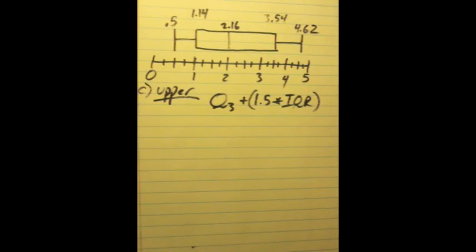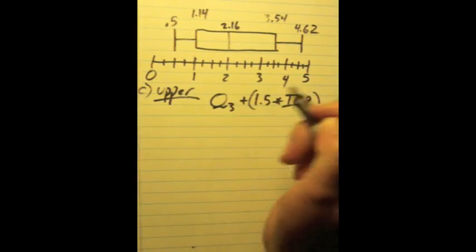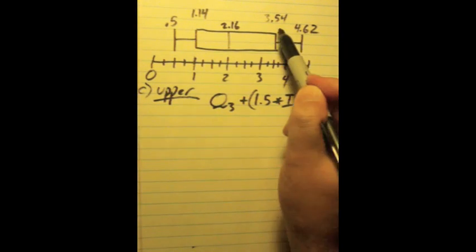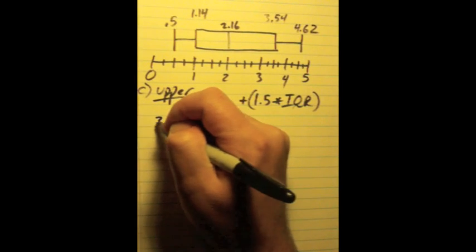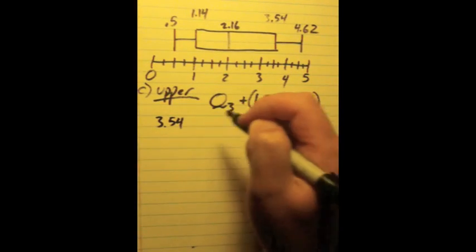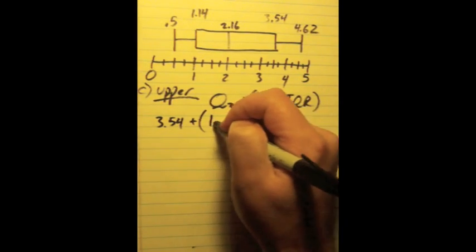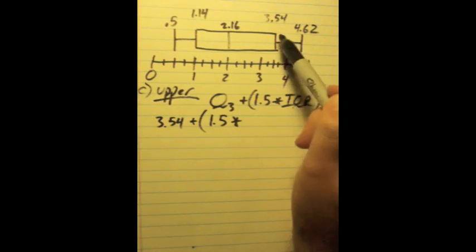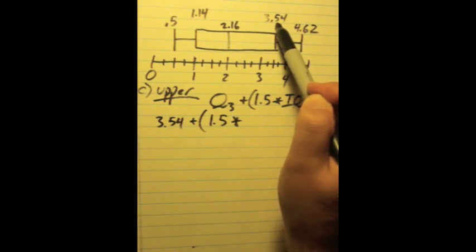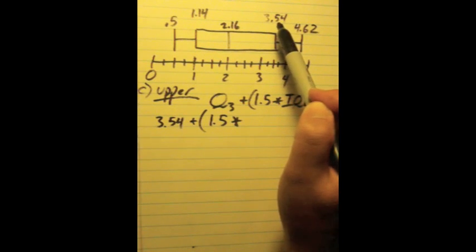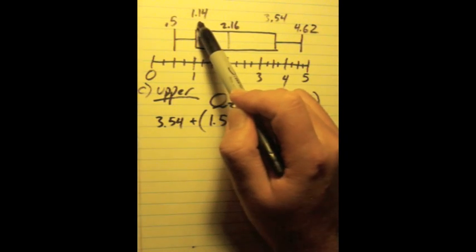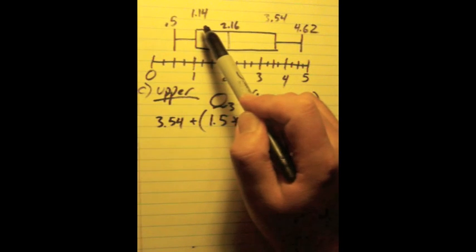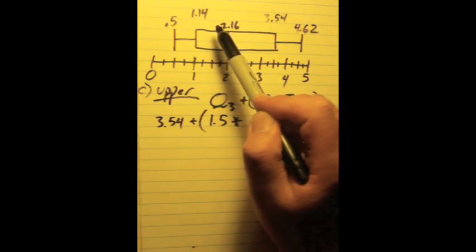I'm using my calculator off to the side, which I know you can't see, but quartile 3 is right here. It's $3.54. And I'm going to add to that 1.5 times the IQR. Now, I need to know what the IQR is. The IQR is quartile 3, which is $3.54, minus quartile 1, which we've got $1.14.